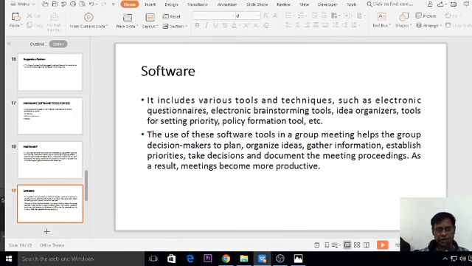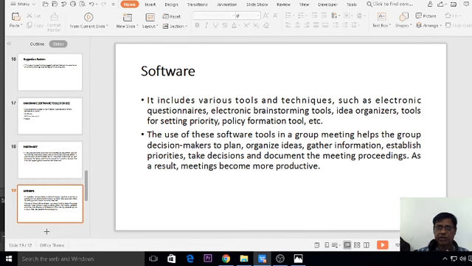Software includes various tools and techniques which are stored in the database, such as electronic questionnaires and electronic brainstorming tools. To define a model is not simple. The model is appropriately defined based on the questionnaire, brainstorming tools, or information given by the technical experts.